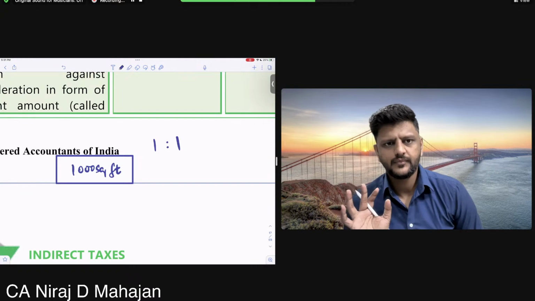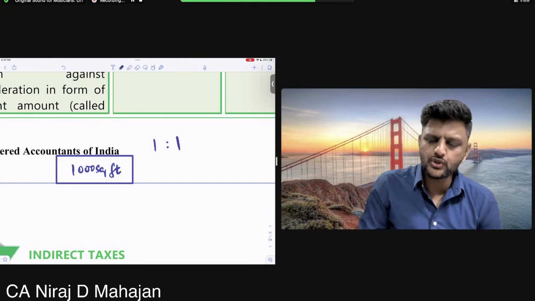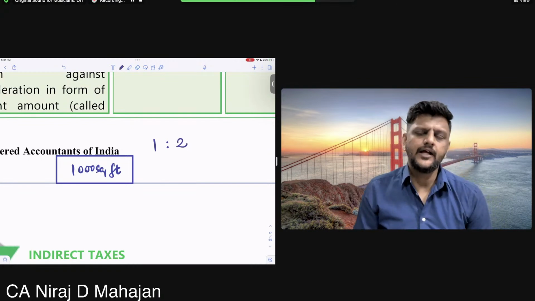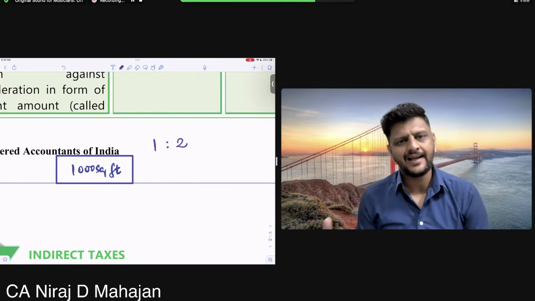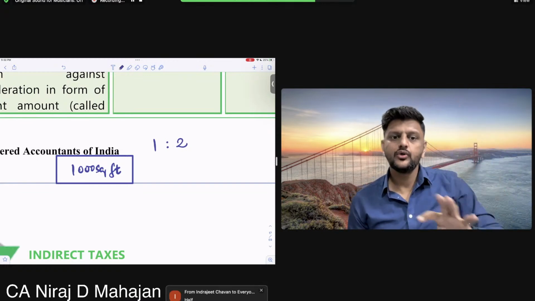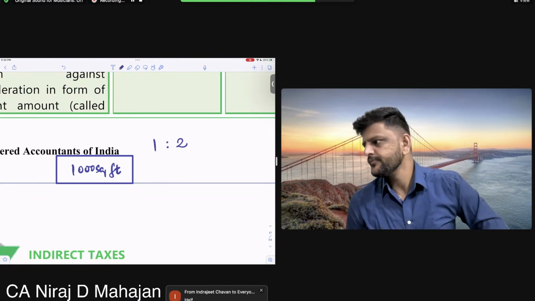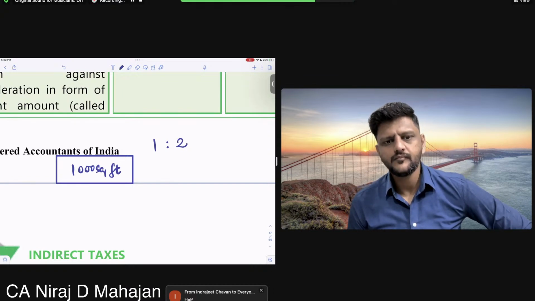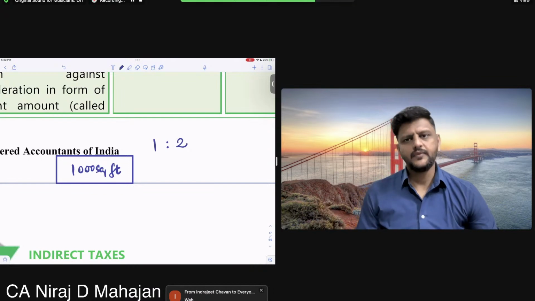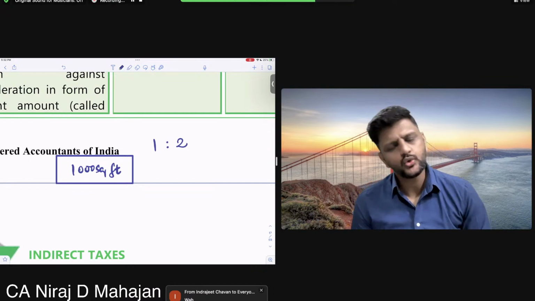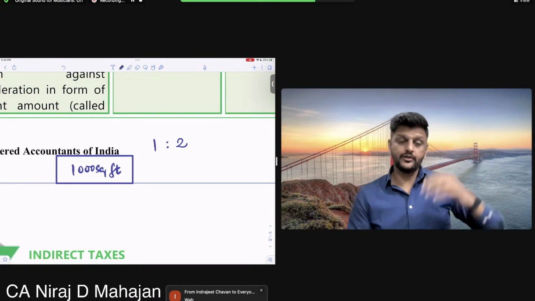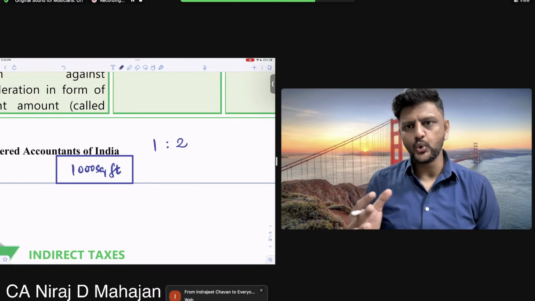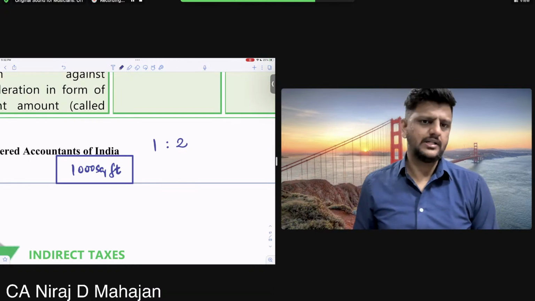Clear to all of you? If it is 1:2, that means on a piece of 1000 square feet land, I can construct up to 2000 square feet. So it depends from area to area how tall you can go, or how much construction you can do. That depends on the area of the land.